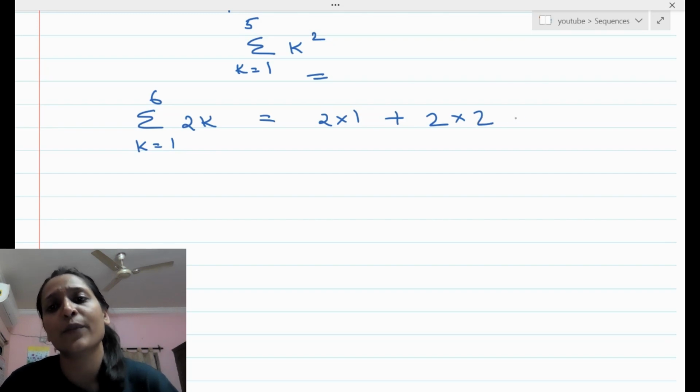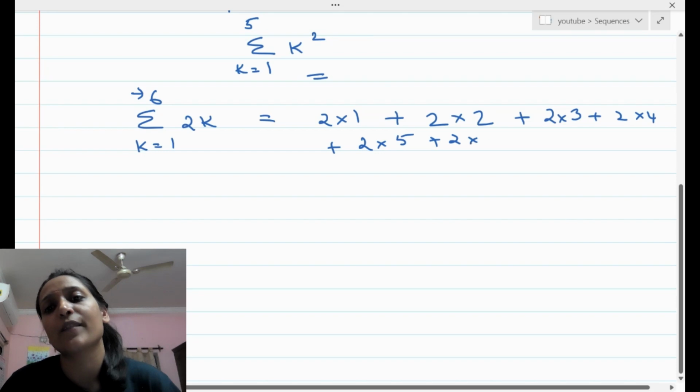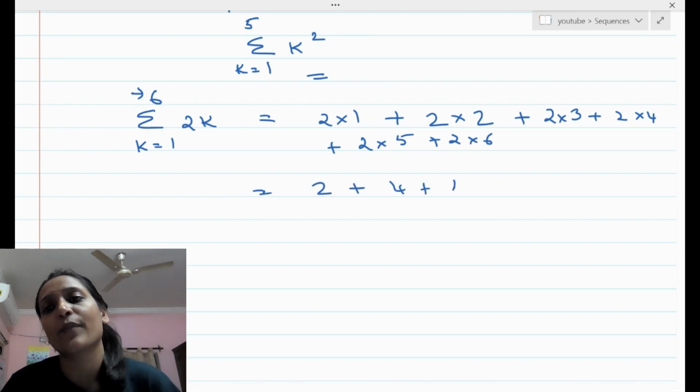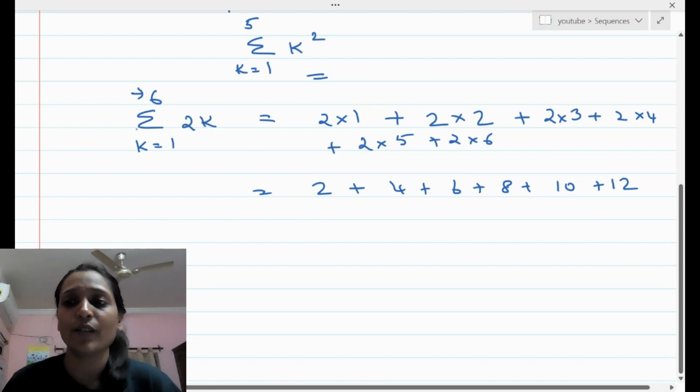So 2 times 2 plus 2 times 3 plus 2 times 4. Until where do we keep going on? We keep going till k becomes equal to 6. So 2 times 4 plus 2 times 5 plus 2 times 6. So the series is essentially 2 plus 4 plus 6 plus 8 plus 10 plus 12. And this was the expansion for this sigma notation.